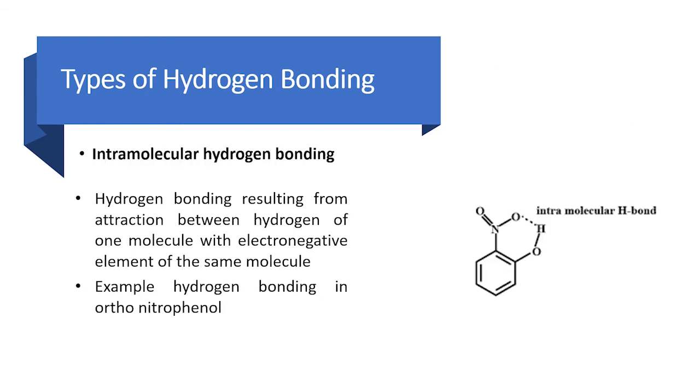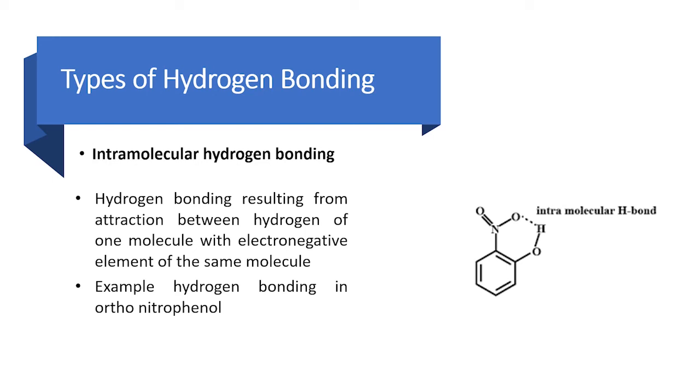The second type is called intramolecular hydrogen bonding. This results from attraction between hydrogen of one molecule and an electronegative element of the same molecule. The typical example is the hydrogen bonding in ortho-nitrophenol.